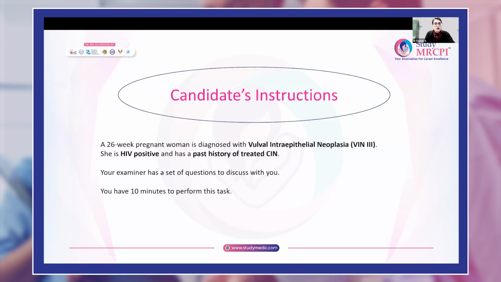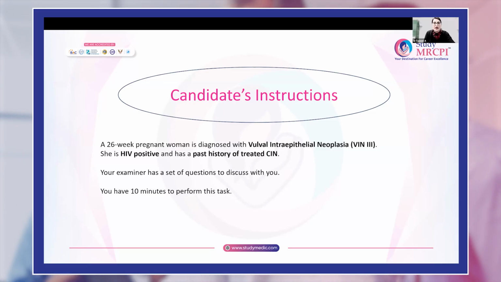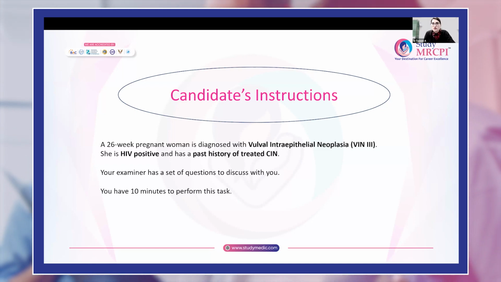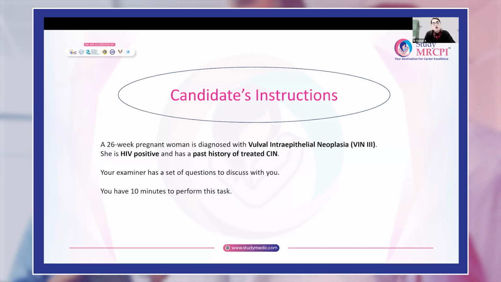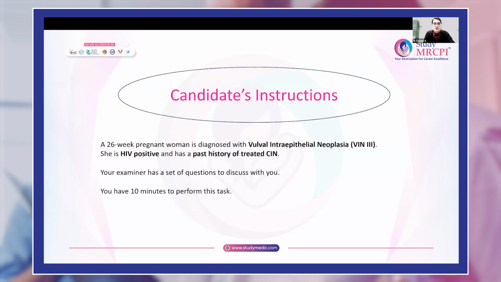Yes, this is a case of a 26-year-old pregnant woman who has presented to us with vulval intraepithelial neoplasia type 3, and she is also HIV positive with a previous history of cervical intraepithelial neoplasia which was treated.